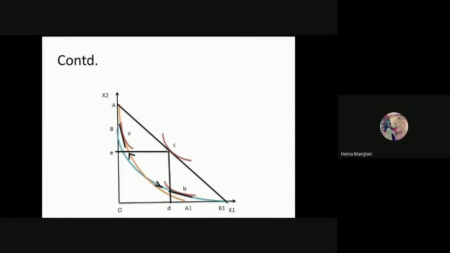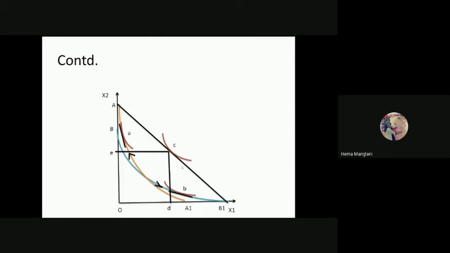It means they'll be receiving EC of X commodity from country B. Similarly, this exchange shows that country B is producing the whole OX1. Out of this they'll keep OD for their own consumption, and from DC they are receiving from country A, and they are exchanging an amount of X1, that is DB1.